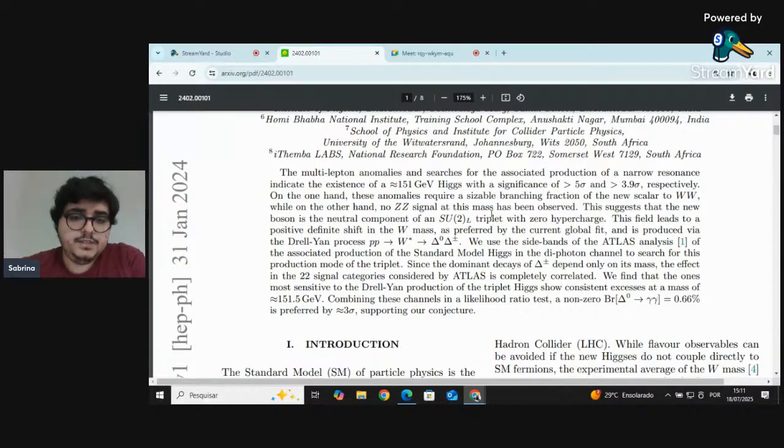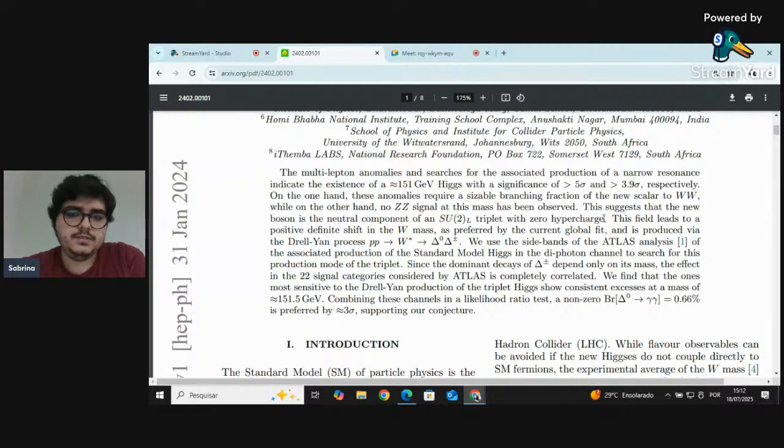So the triplet that they choose is a triplet coming from the SU(2) left symmetry, and it's a triplet with zero hypercharge. Okay, this triplet has three components, of course. They have a positively charged component, a negatively charged component, and a neutral component.